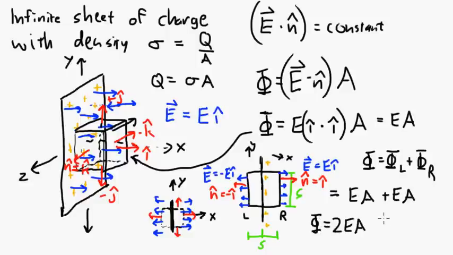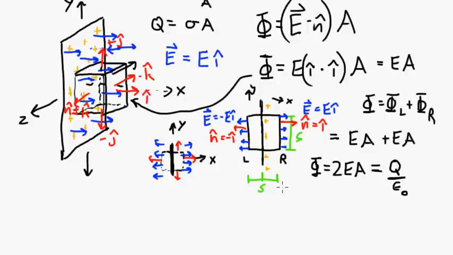Okay, so Q, and then either we divide by epsilon naught or multiply by 4 pi k, and in this case I prefer to divide by epsilon naught. So what we get for our infinite sheet of charge is that the magnitude of the electric field, well, let me not do the vector part yet.